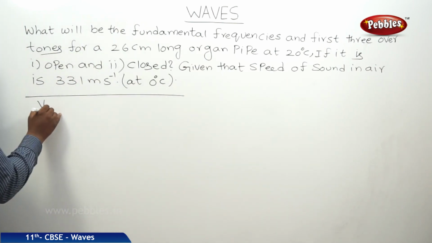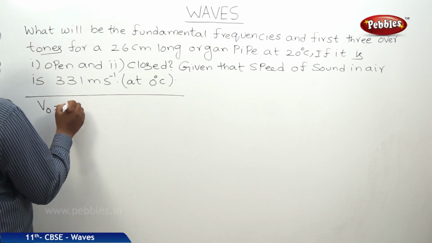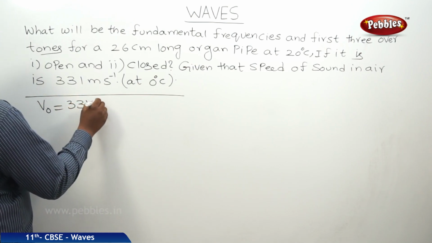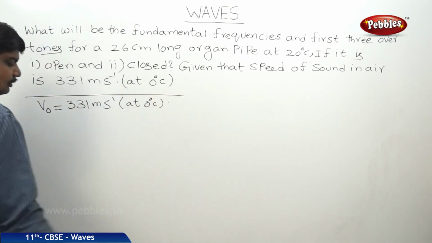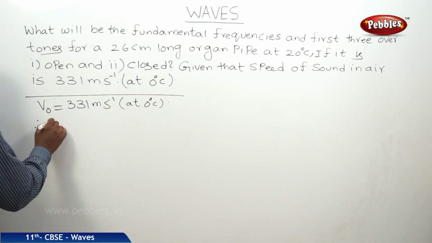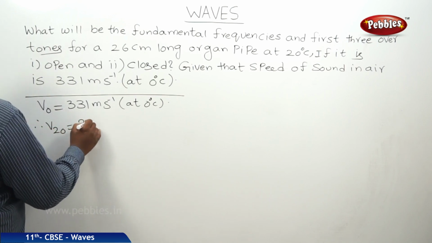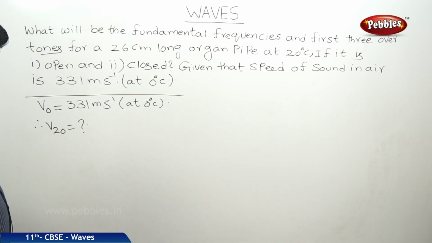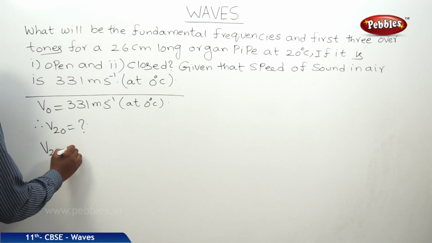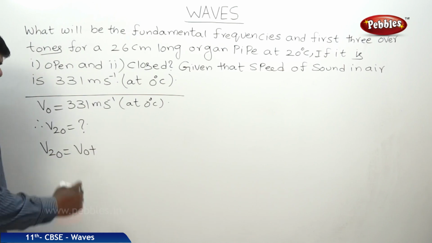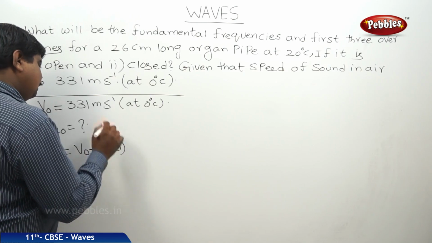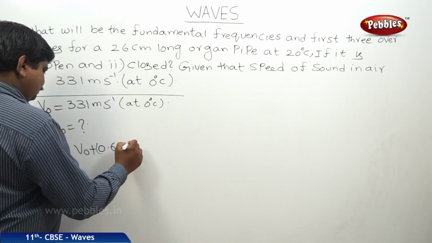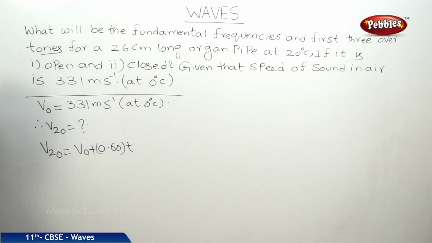So the speed of sound in air is 331 meters per second. This is at 0 degrees Celsius. At 20 degrees Celsius, first we should find out the speed of sound in air at 20 degrees Celsius. Therefore, the formula is V20 is equal to V naught plus 0.60 into temperature.